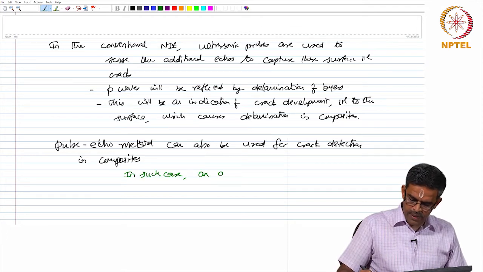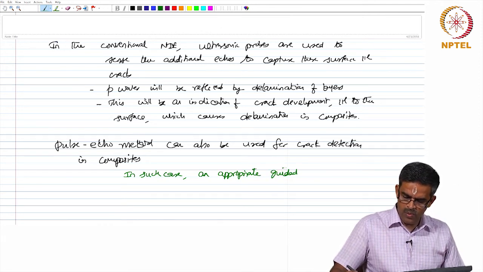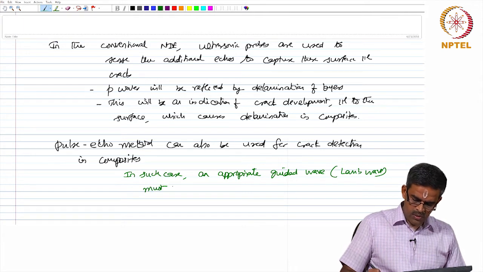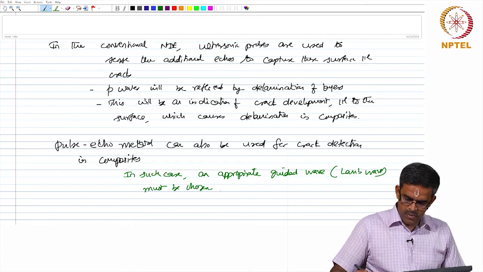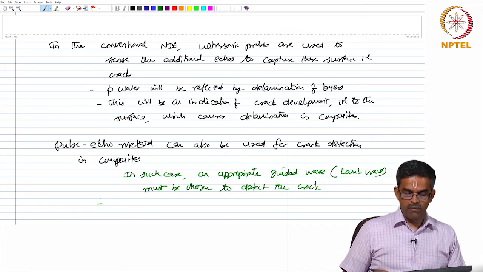An appropriate guided wave, that is lamp wave, must be chosen to detect the crack, because we know the crack detection depends on the wavelength, amplitude, phase difference and the dispersion.